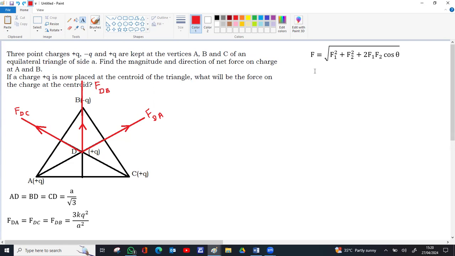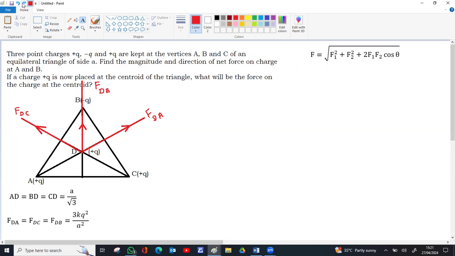If they are parallel, you can just add the magnitudes and put the same direction. If they are anti-parallel, opposite, just subtract the smaller magnitude from the greater and put the direction of the greater one. For any other angle other than 0 and 180 degrees, you must use this particular formula for finding the resultant.